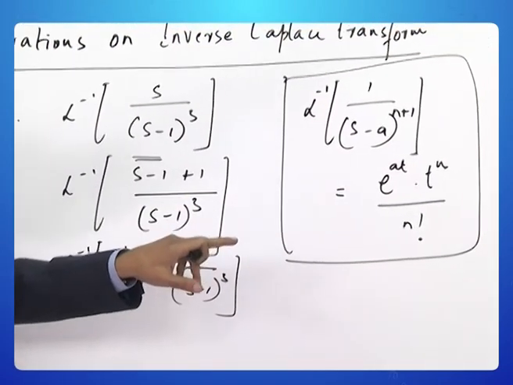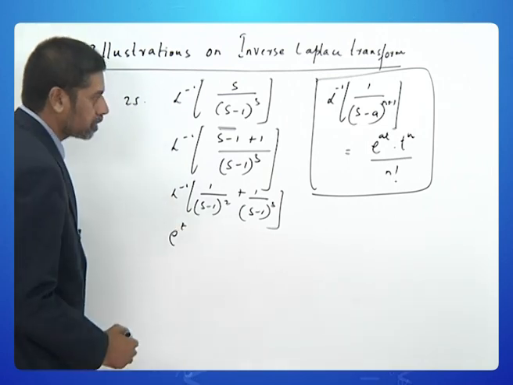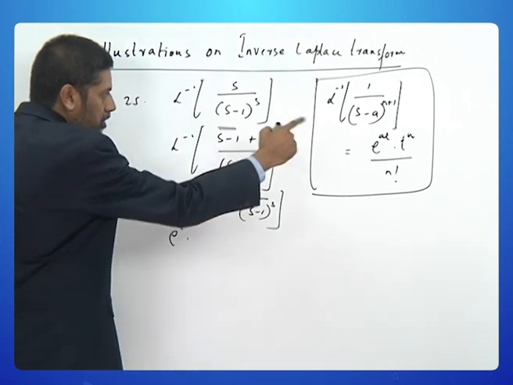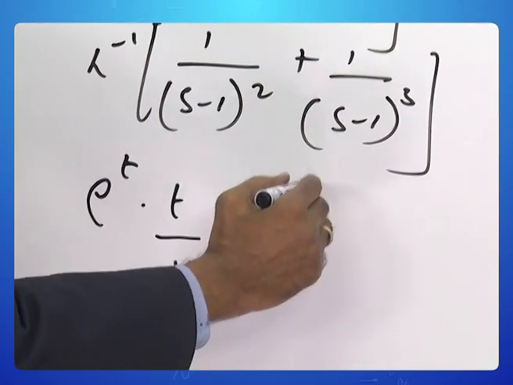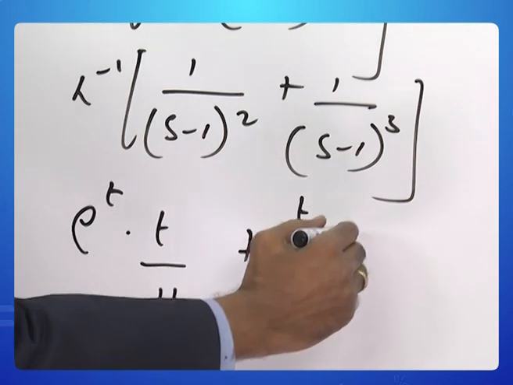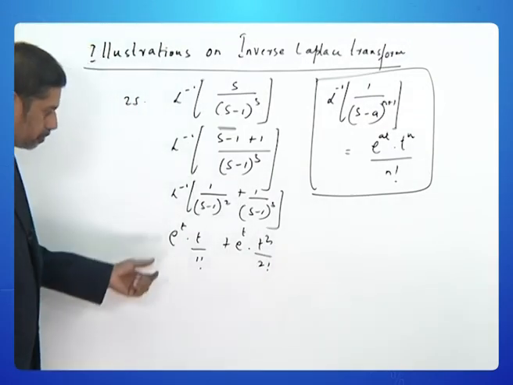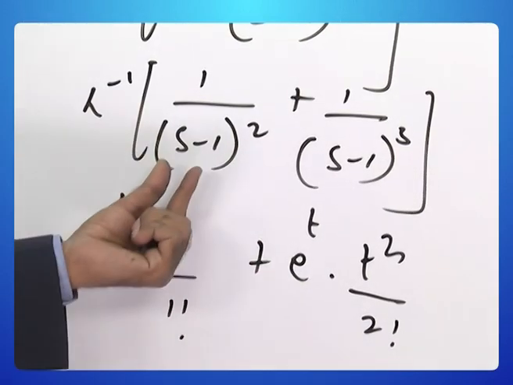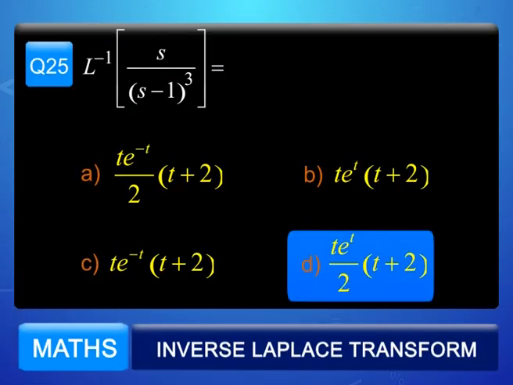So we will write this as e power t into, n plus 1 is 2, n is 1, so we'll get t by 1 factorial, plus e power t into, n plus 1 is 3 here, so n is equal to 2, t square by 2 factorial. So observe that e power t is occurring in both the cases because of the presence of s minus 1 in both the cases. So the correct option, if you simplify this, will be D.